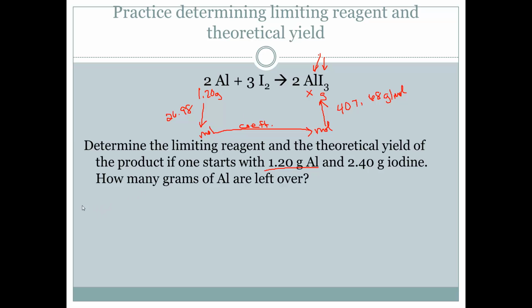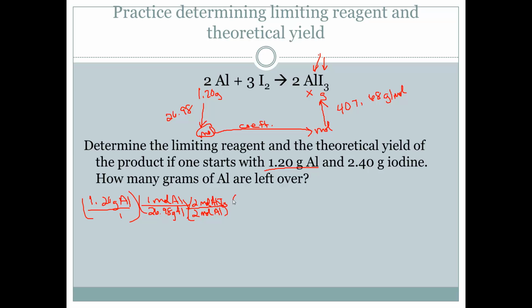So 1.20 grams of aluminum over 1. 26.98 grams of aluminum is in 1 mole of aluminum. Now we're here, and we're going to use the coefficients. So 2 moles of aluminum can yield 2 moles of aluminum iodide.